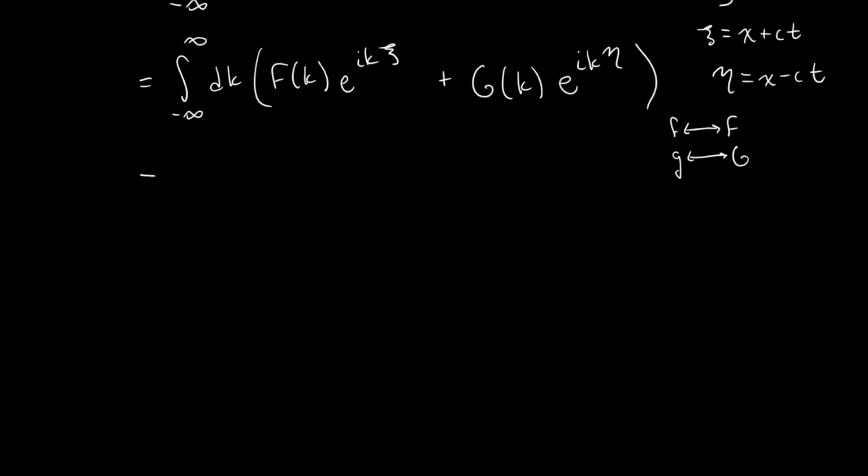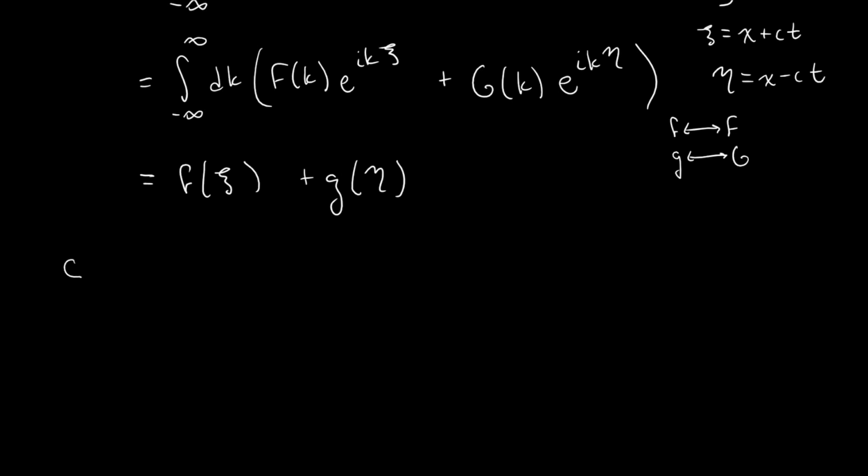Then over here, I just get little f of psi plus little g of eta. All I'm doing is a Fourier transform. I know that these are the Fourier transform pair functions corresponding to f and g.